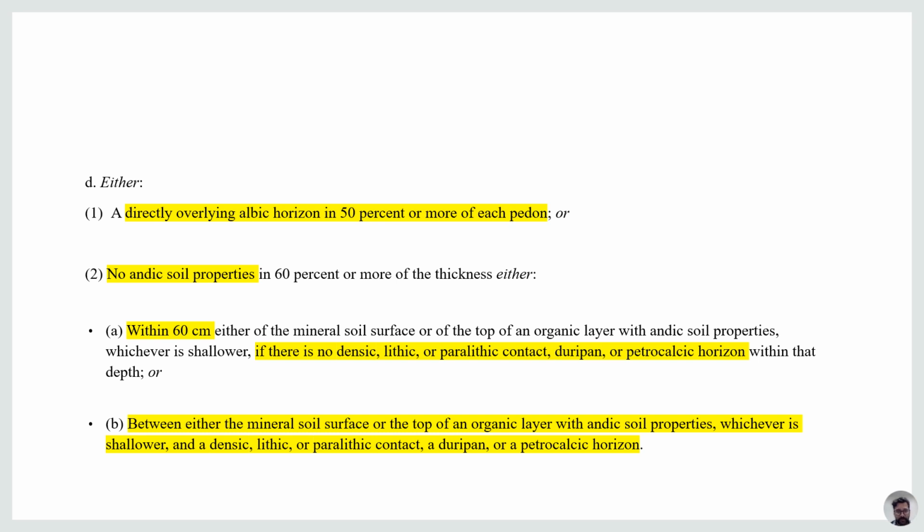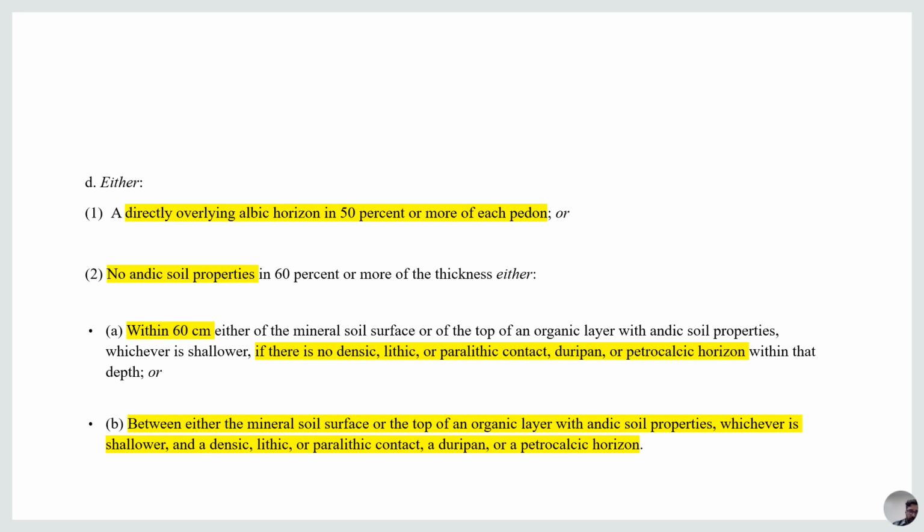The spodic horizon also should be covered by an albic horizon, okay, by a thick albic horizon, and this albic horizon should comprise at least 50% of the total area of the soil profile. So one option to classify the spodosols is to find a thick albic horizon which covers the spodic horizon.